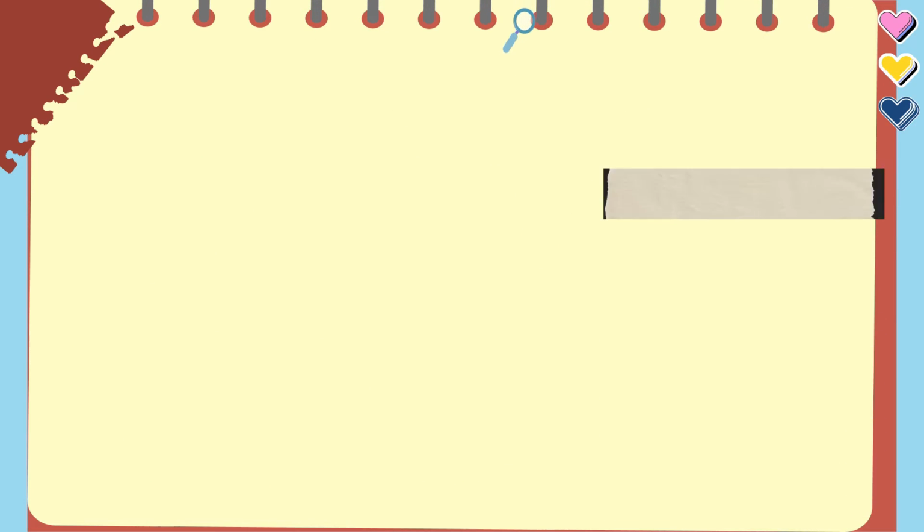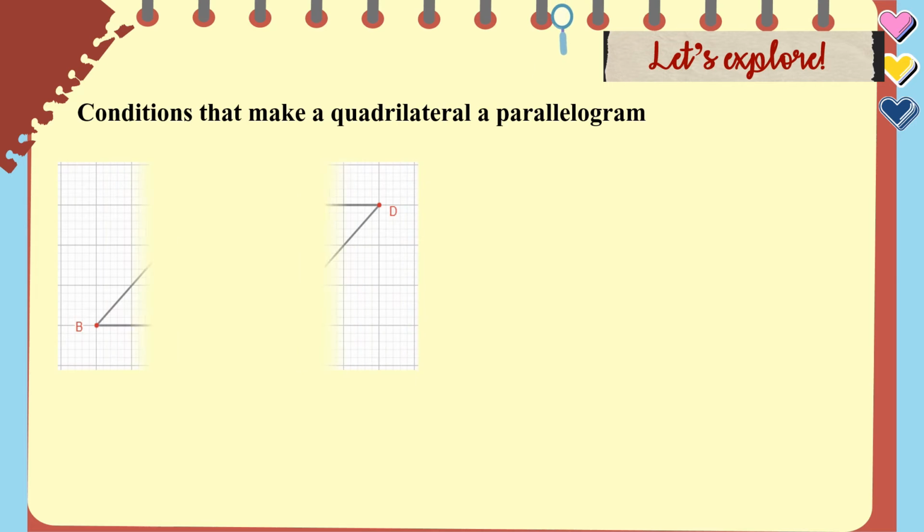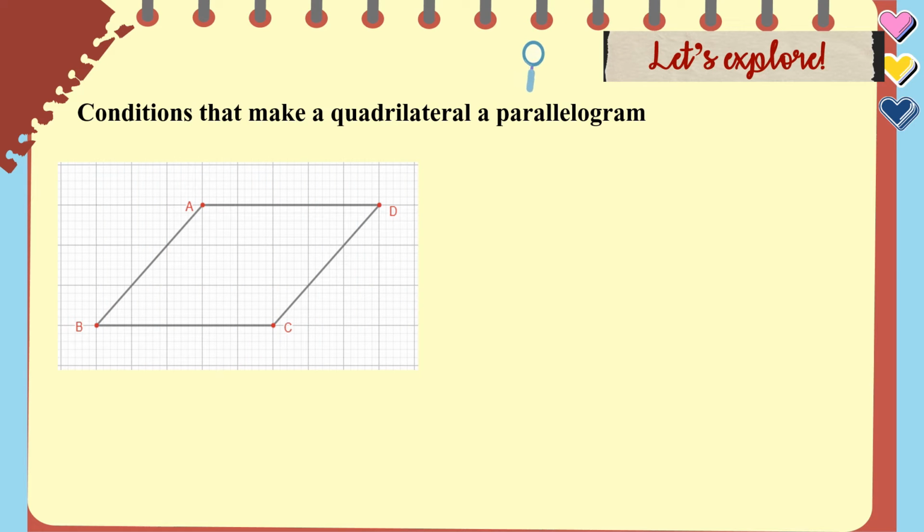Next, second condition. By the definition of a parallelogram, it has two pairs of opposite parallel sides.